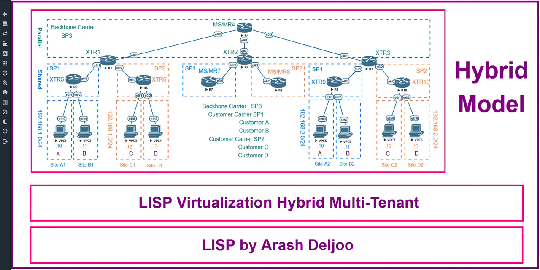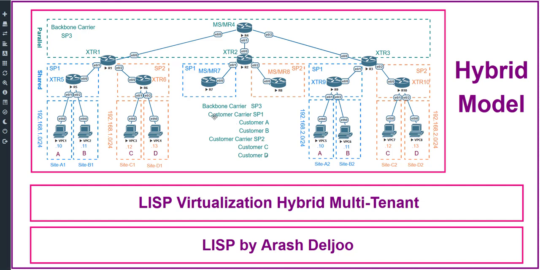And then here, each service provider has some VPNs or some customers. For example, here is customer A site 1 and here is customer A site 2.